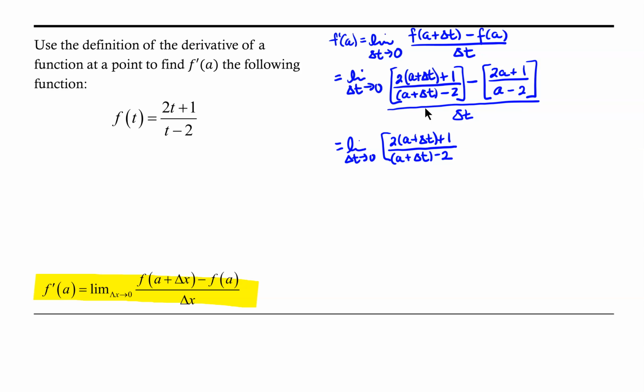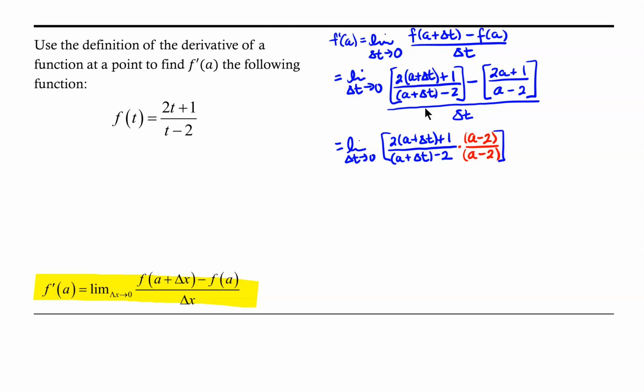And at this point, the best I can do is multiply both numerator and denominator by the denominator of the other part of the numerator, the other rational function. So we're going to multiply by a minus 2 over a minus 2.